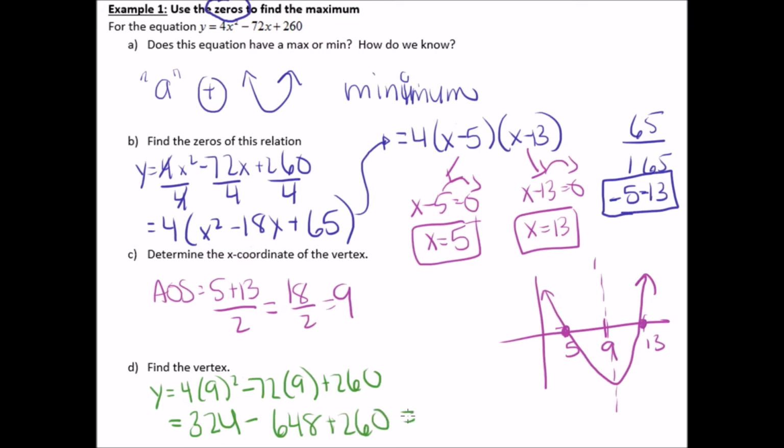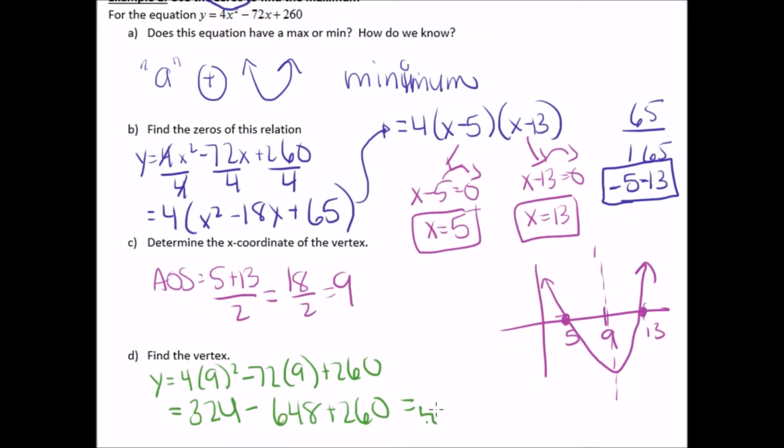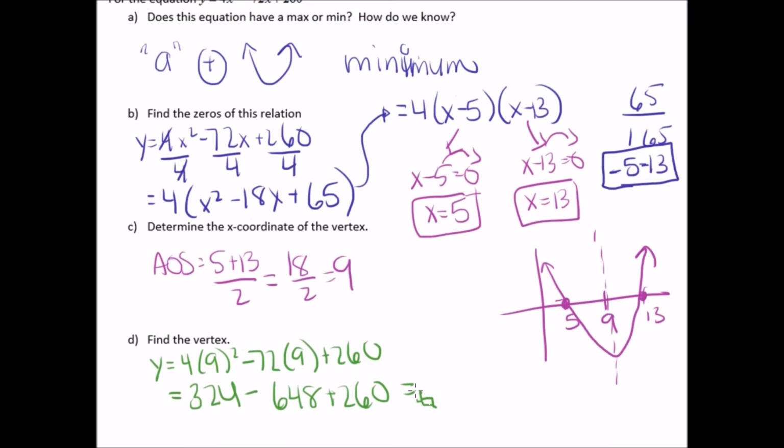That is going to equal 260 plus 324 minus 648, and I get -64. In this case it makes sense, because our parabola opens up, therefore we have a minimum. So this number right over here is going to be -64.